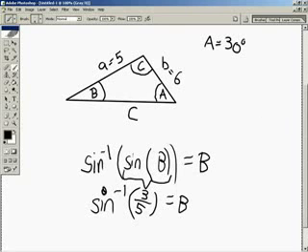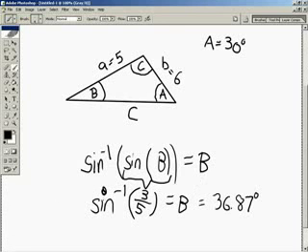So by plugging that into your calculator, as I'm doing now, you'll get something like 36.87 degrees. And there you go.